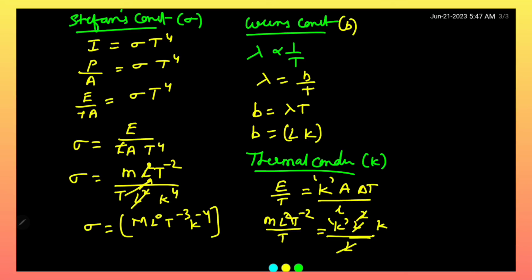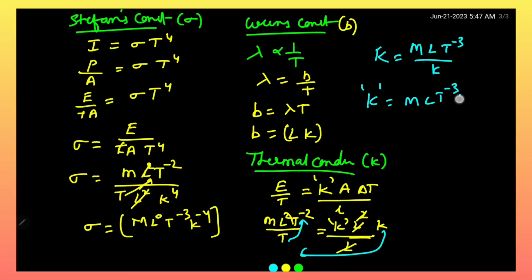Therefore thermal conductivity, you can take it as K, where K is equal to M L. This T goes to numerator, becomes T power minus 3, divided by this K, which comes to denominator. Therefore we can write thermal conductivity is equal to M L T power minus 3 K power minus 1.